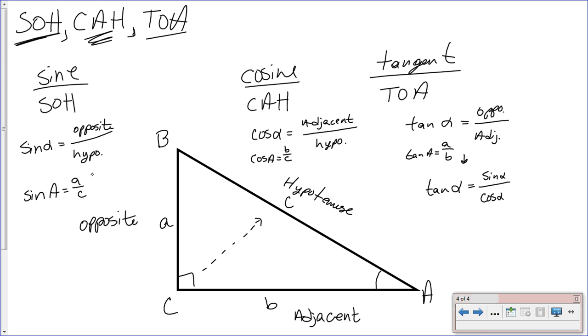For your 45, 45, 90 triangle, remember it's S, S, and your hypotenuse is S times the square root of 2. For your 30, 60, 90, the short side is S, the medium side is S times the square root of 3, and the hypotenuse is always going to be 2 times S.